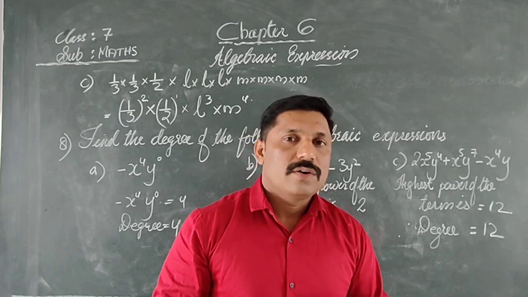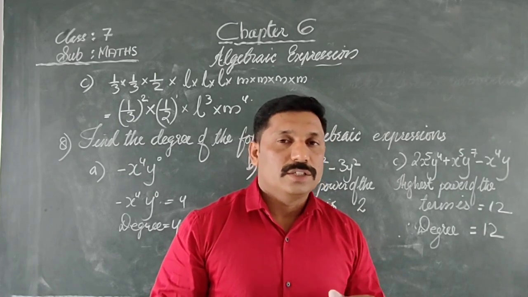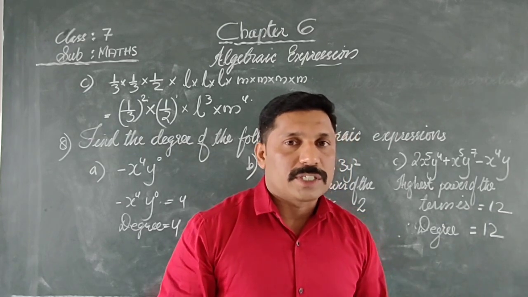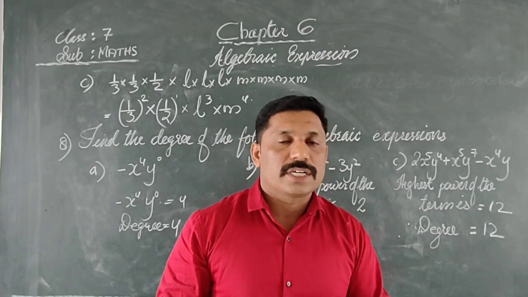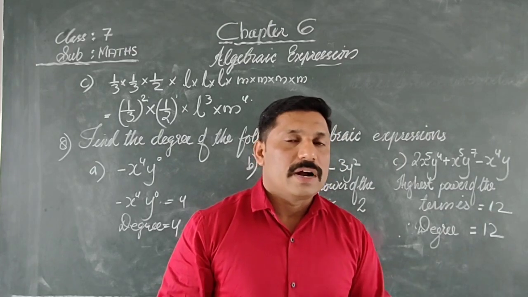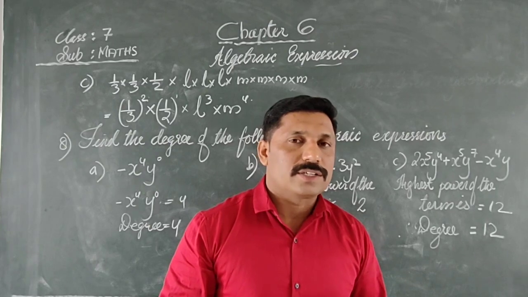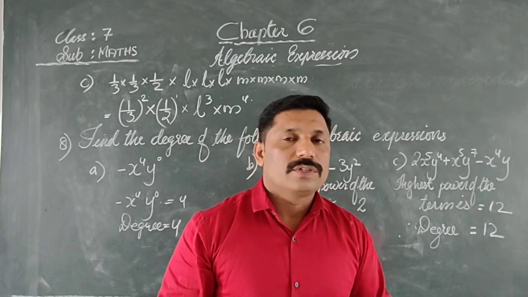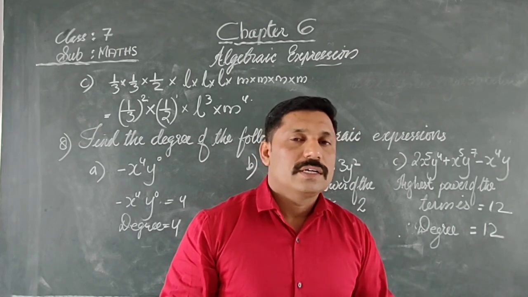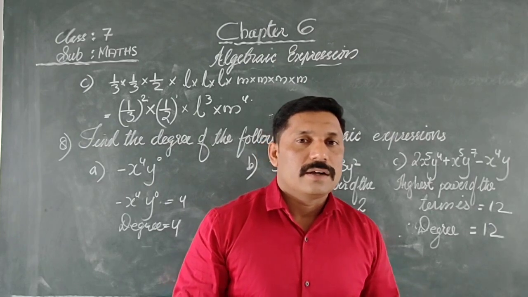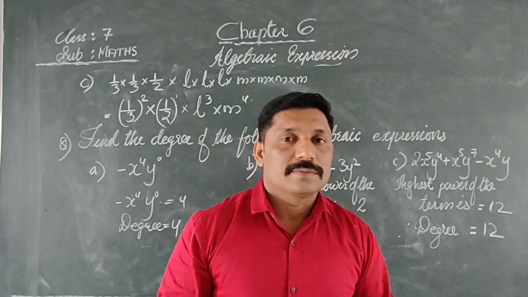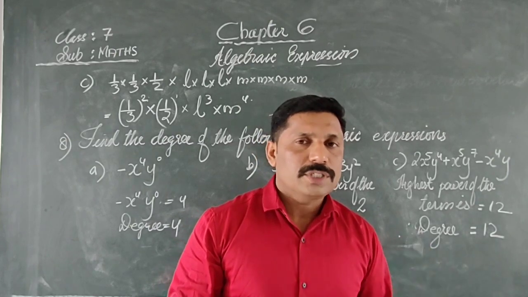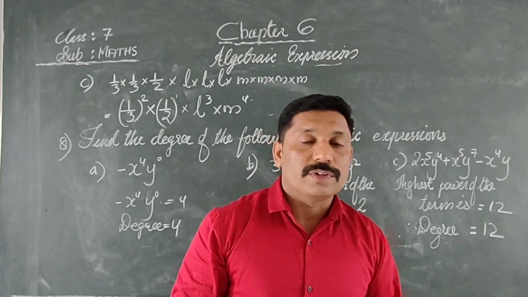First we discussed what is algebra and what is the use of that, where we use it in daily life, and also what is an algebraic expression, then what is a variable and what is a constant, then what is a term and what is a literal factor or numeral factor, and then what are like terms and what are unlike terms, then how to decide the coefficient of each factor in a term, and then what are the different types of algebraic expression on the basis of terms, and how to decide the degree of the polynomial.